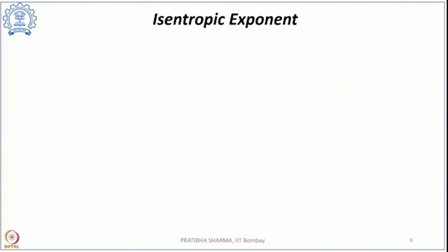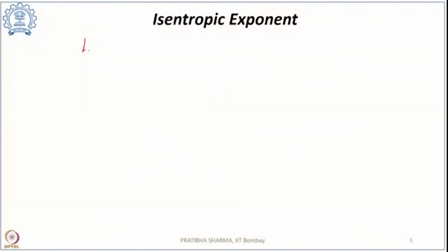Now there are different real gas equations of state available in the literature that can be used to find out the compression as well as expansion work which will be required, that we will see. If we consider a process which is isoentropic, that means the entropy of the system remains constant.